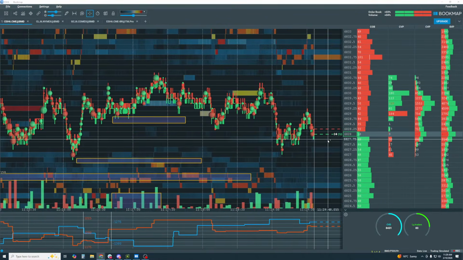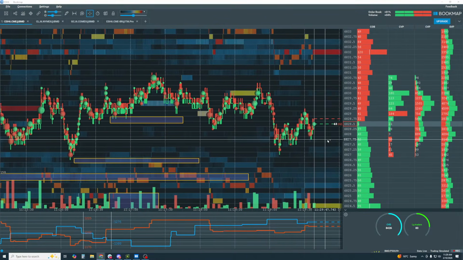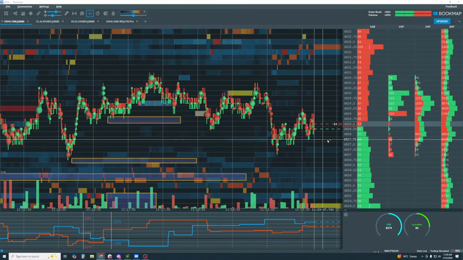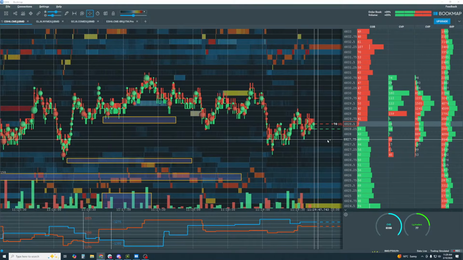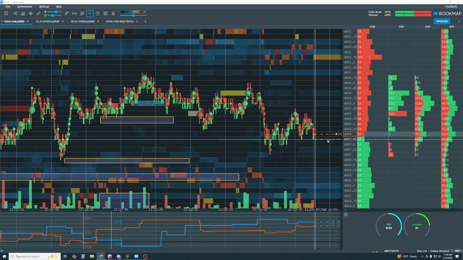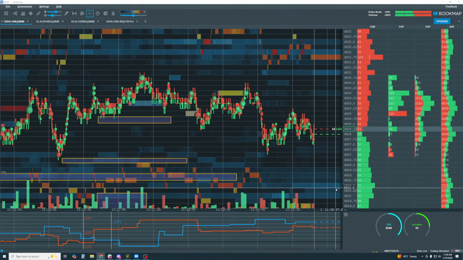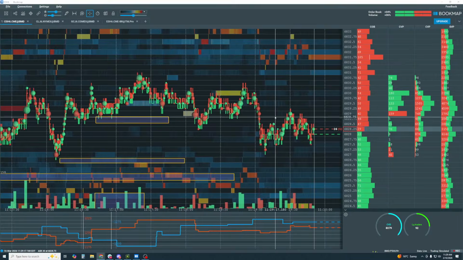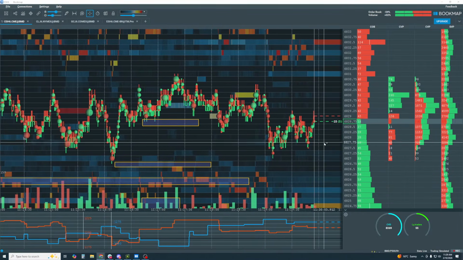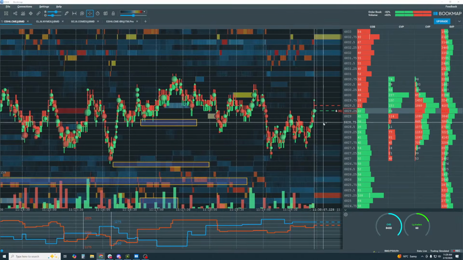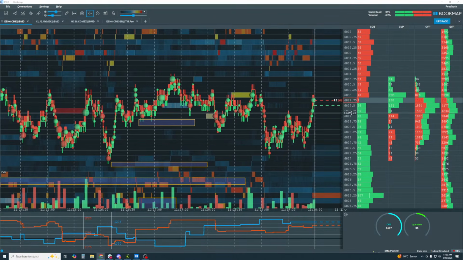Right, here we go. All right, let's see the book sweep now, down into maybe our 25. No, not enough. Not enough.